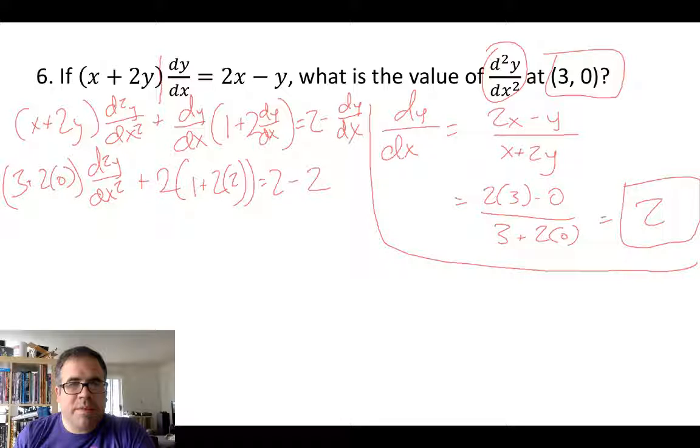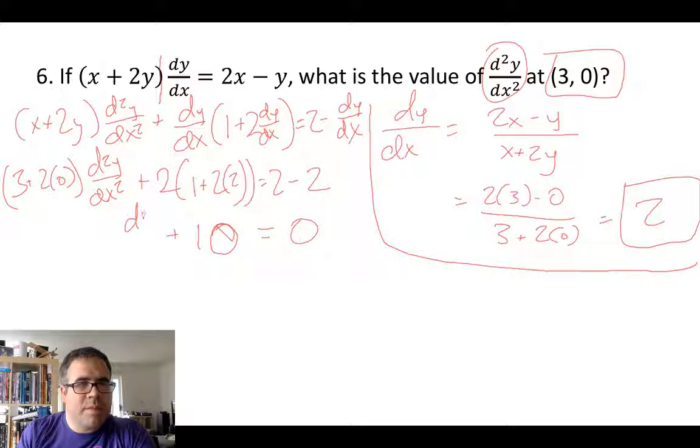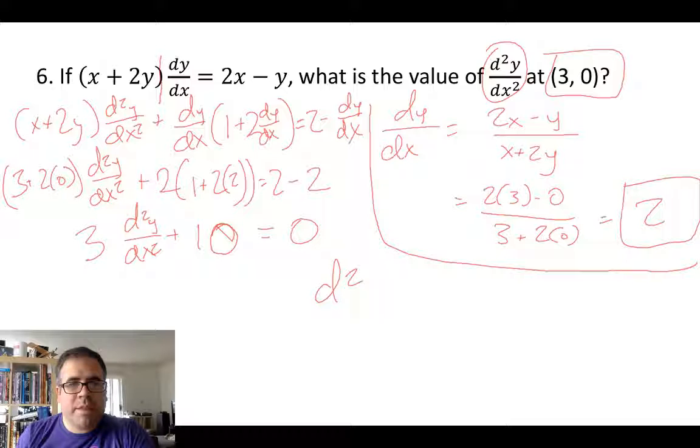Simplify, simplify, simplify. 2 times 2 is 4, 1 plus 4 is 5, times 2 is 10. 10 plus 3 times d squared y over dx squared. Some algebra happens, and you get that what we want is equal to negative 10 over 3.